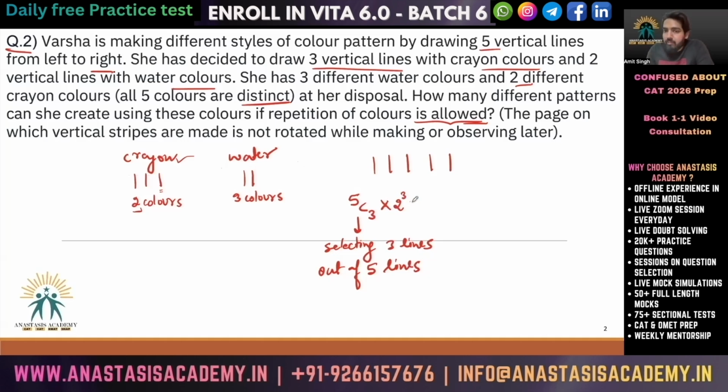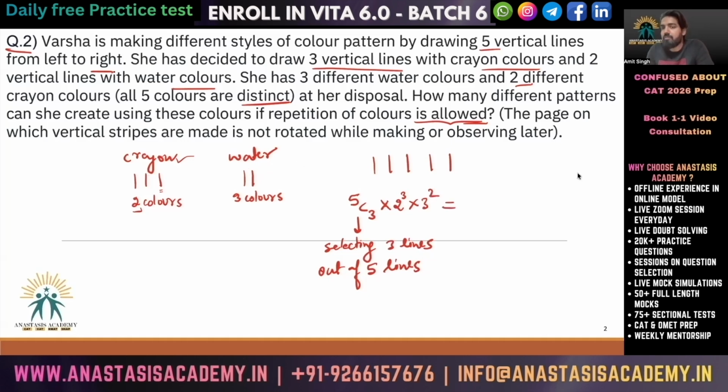And whatever is left should be colored with watercolors. Now we have 3 colors, so each of these lines could be colored in 3 ways and 3 ways, so it would be 3 squared.